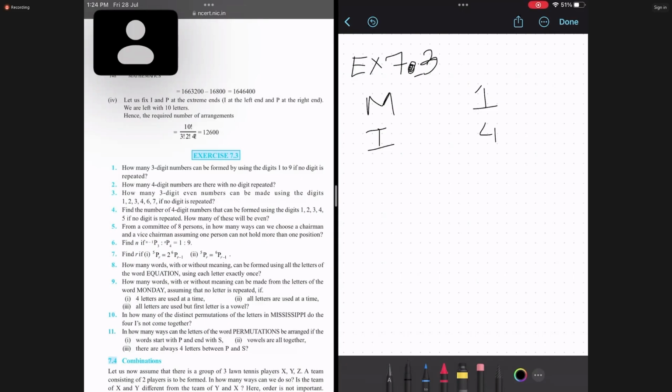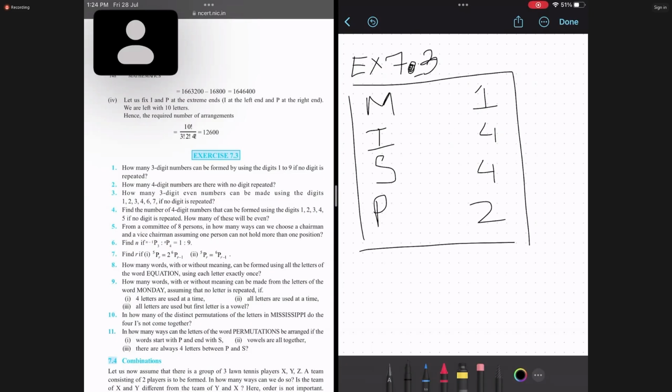We have S, which is also there 4 times, and we have P, which is 2 times, right? So this is the distribution of letters in the word Mississippi, correct? Now, how many distinct permutations of this word are possible?